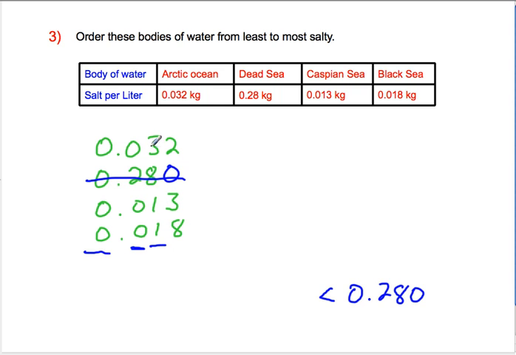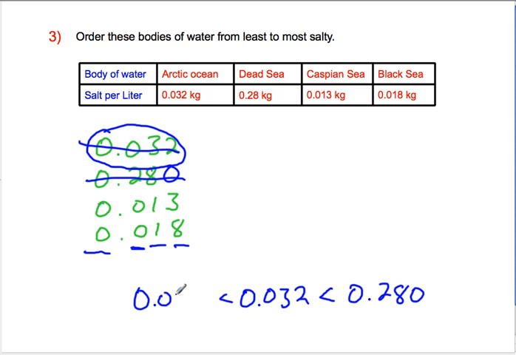So we know this one's going to be the next biggest. These two are still fighting for the smallest. So we have 0.032 is the next biggest. So we're done with that one. And now we compare the 3 and the 8. So the 0.018 is bigger, leaving the smallest one as 0.013.